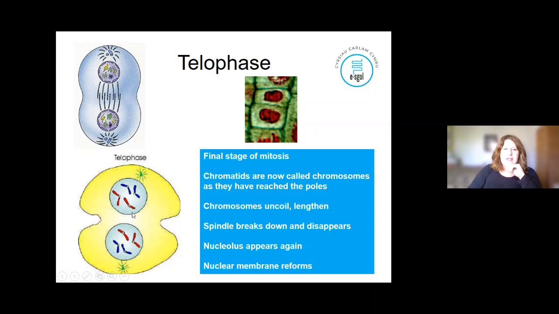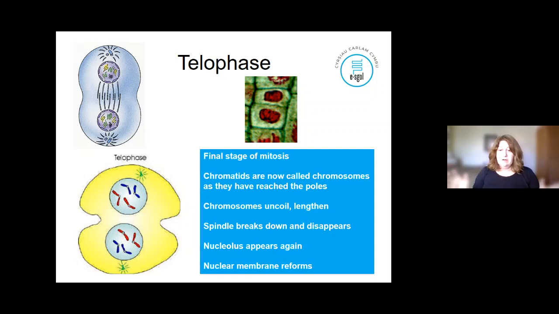Telophase, some people say telophase, some people say telophase, and what you can see here is this is the final stage of PMAT, of mitosis, of nuclear division, and the chromosomes will have reached the poles. The chromatids that were being pulled apart will have now reached the poles, I should say, and so they're now known as chromosomes. Okay, they will eventually, during this phase, uncoil again.